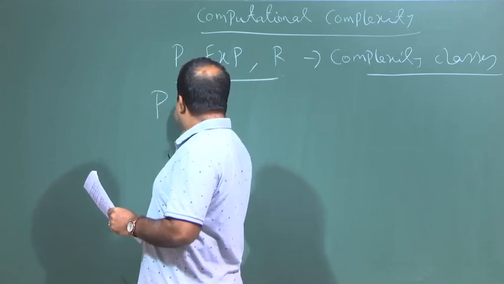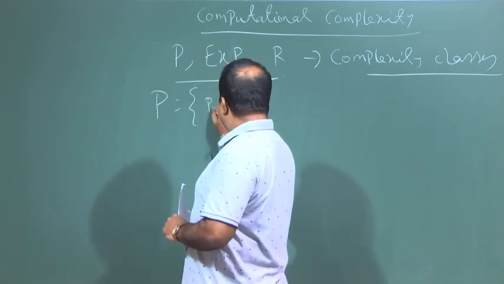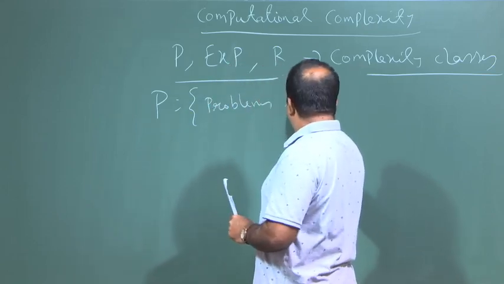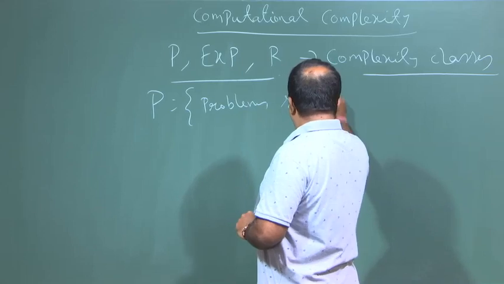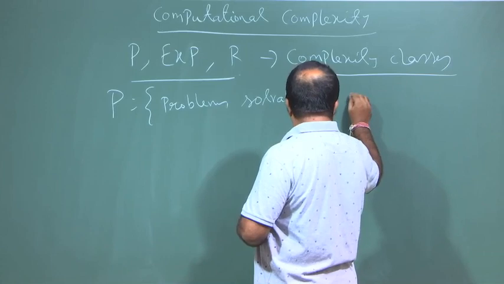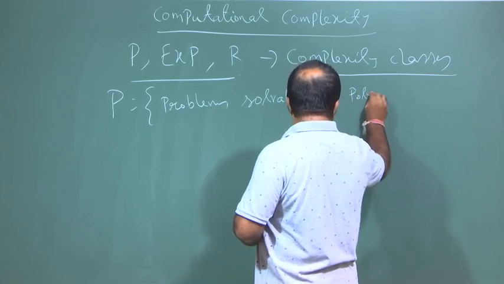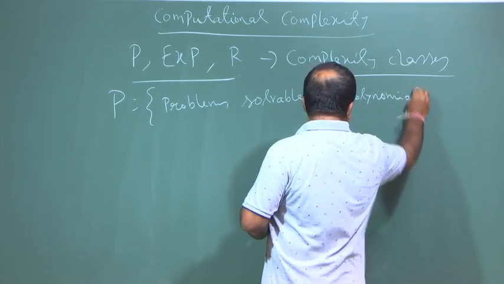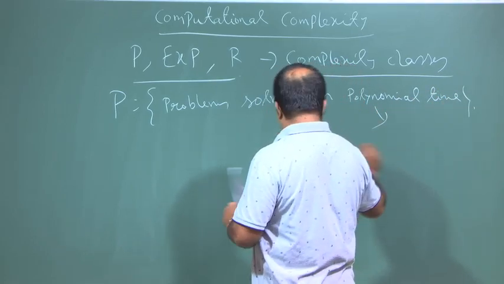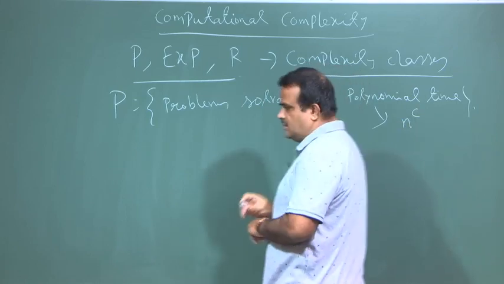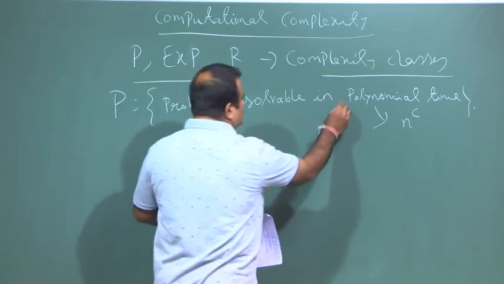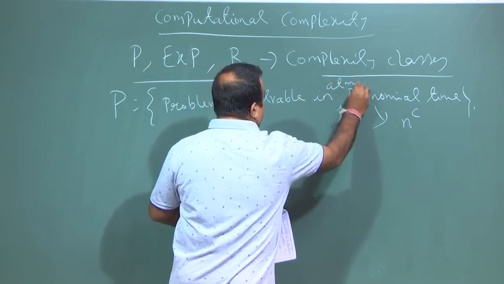So, P is basically problems which are solvable in at most polynomial time. Polynomial time means the complexity is some n to the power c, where c is a constant, so less than or equal to, at most polynomial time.